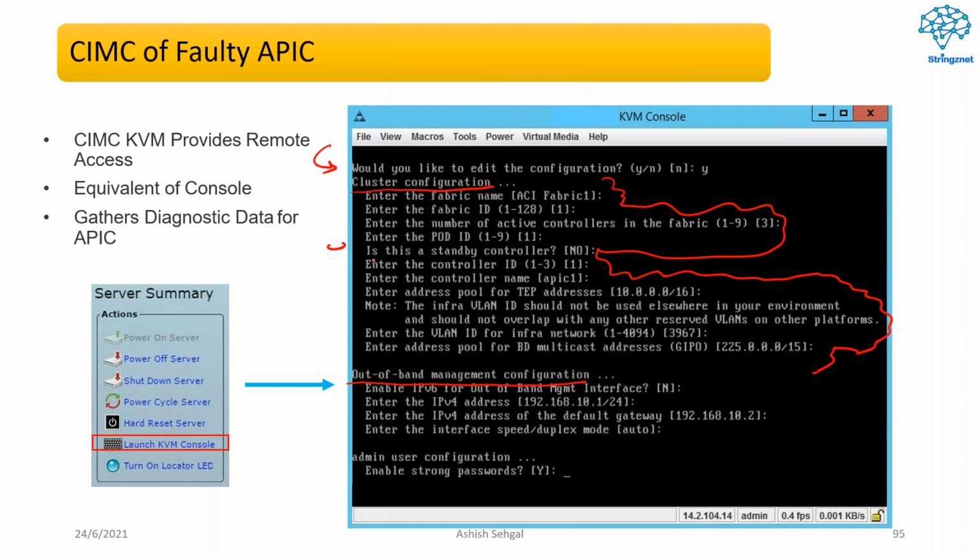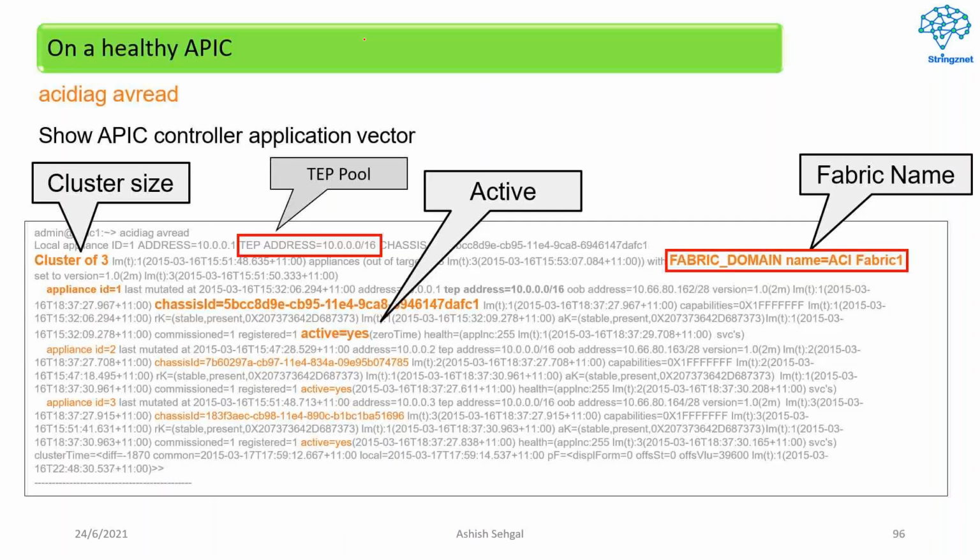In order to check what misconfigurations are done in this particular controller, you have to log into a healthy APIC controller using your CLI, SSH to its management IP, and execute a command: acidiag avread, ACI diagnostic appliance vector read.